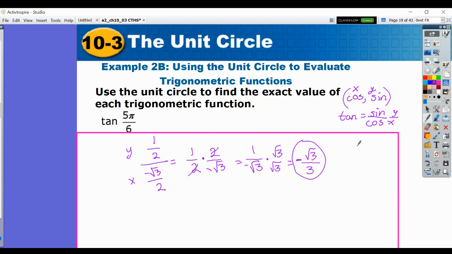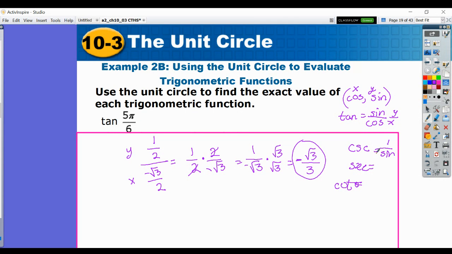Now, there also are going to be some problems with cosecant, secant, and cotangent. Cotangent is what I meant to say. So if they ask you for cosecant, well, cosecant is the inverse of sine. So you're going to take whatever the sine coordinate is and flip it over.